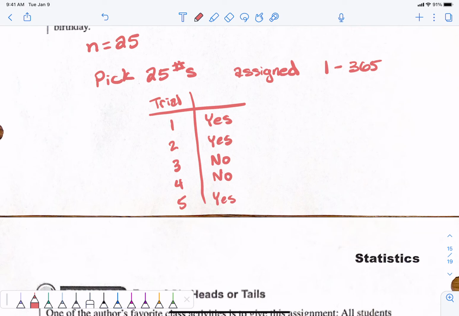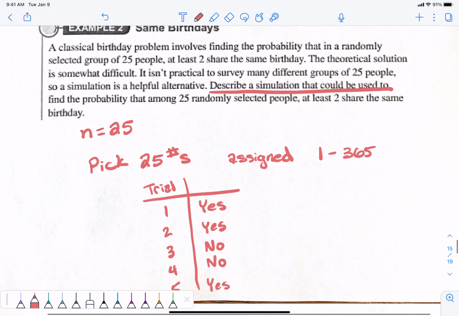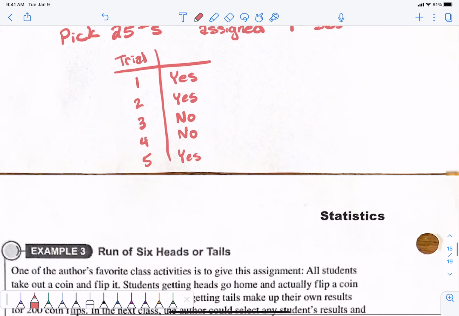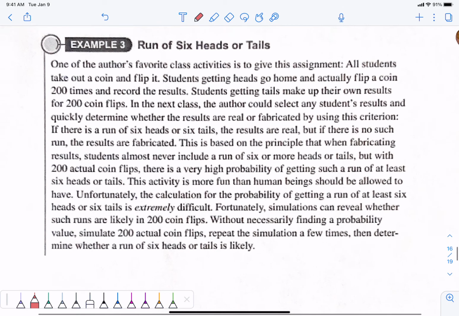I am really surprised that we got some matching ones, folks. But anyway, that's kind of the chances of getting matching birthdays. It's not uncommon, right? But I would say it's probably more rare than the results that we got. I wouldn't expect it to happen that often, that you randomly have 2 people that have the same birthday. Okay? All right, let's go on to the next one. I really like this example.